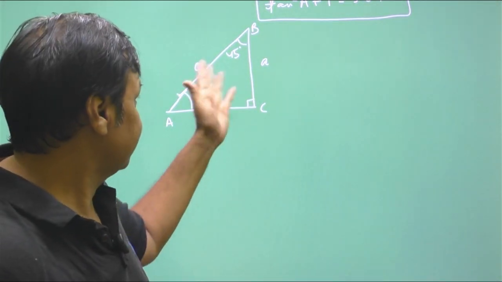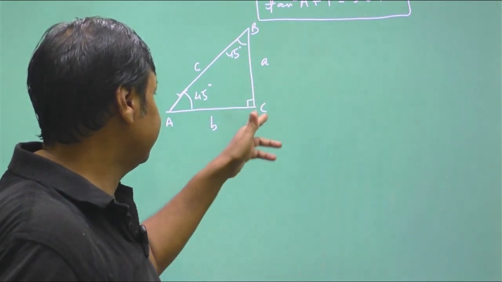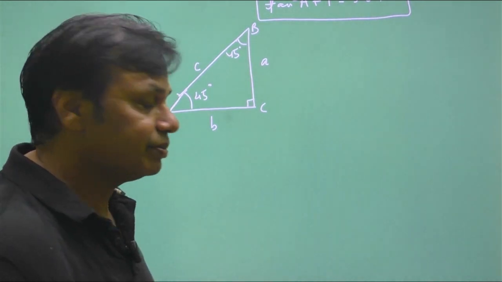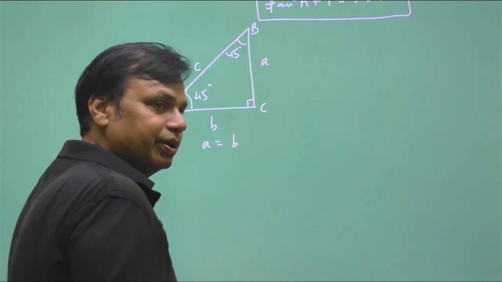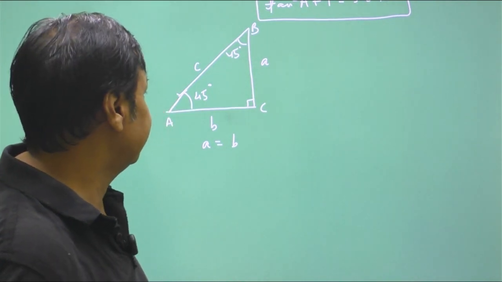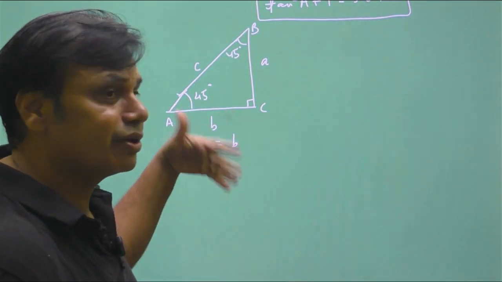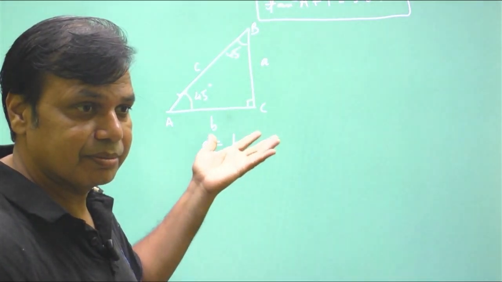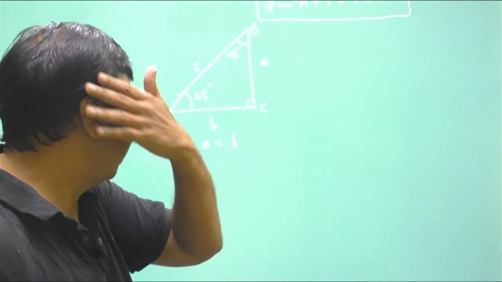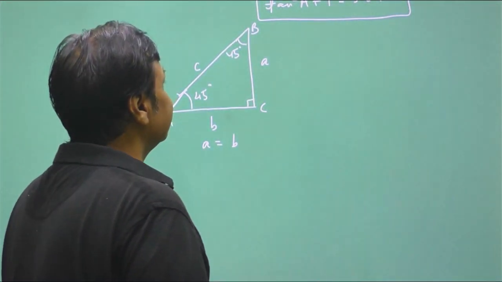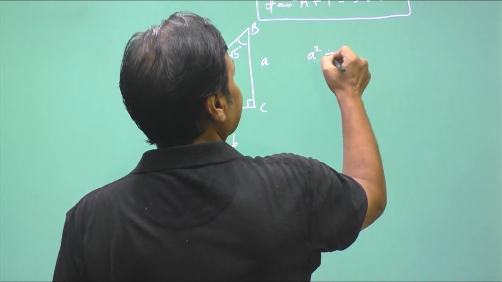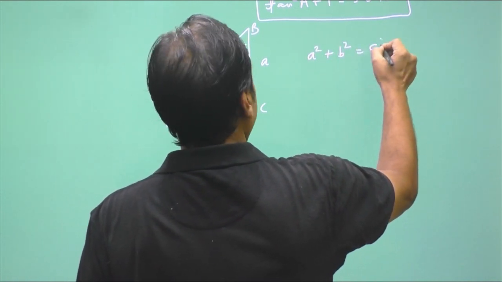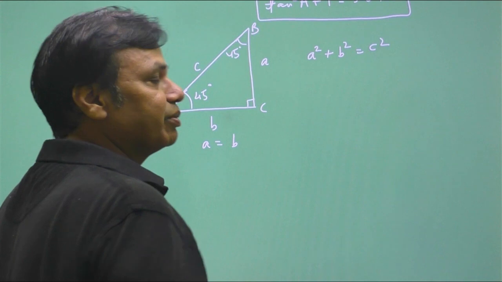So these two sides will be equal, that means A is going to be equal to B. Then you can use your Pythagoras theorem again: A square plus B square equals C square.